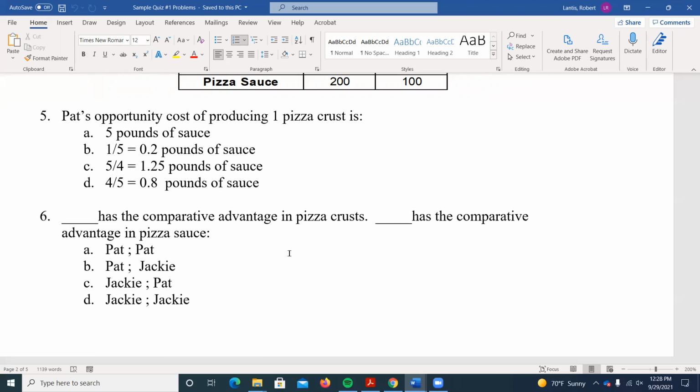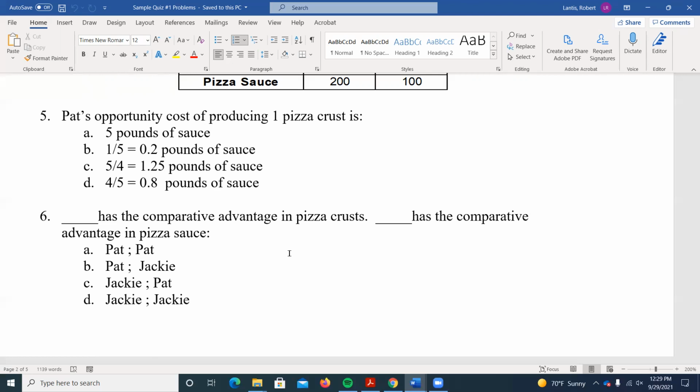Now, go back. I also said that when it comes to just producing two goods, in these examples, if I have a comparative advantage in one thing, I automatically don't have the comparative advantage in producing the other good. So here, Jackie has the comparative advantage in crust production, which implies that Pat has the comparative advantage in producing sauce.